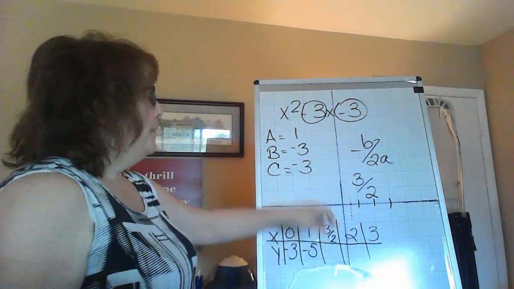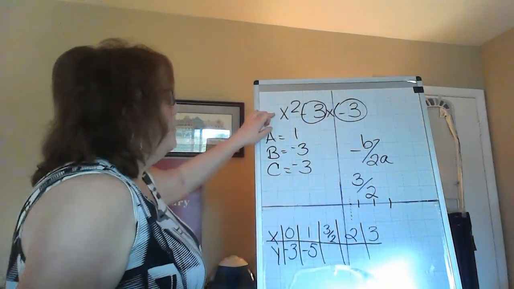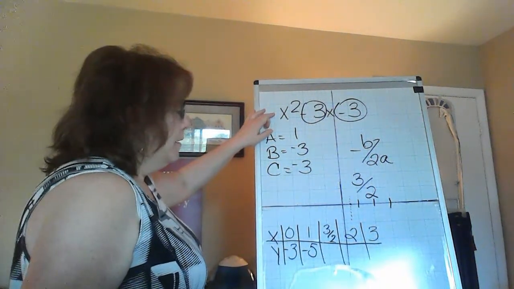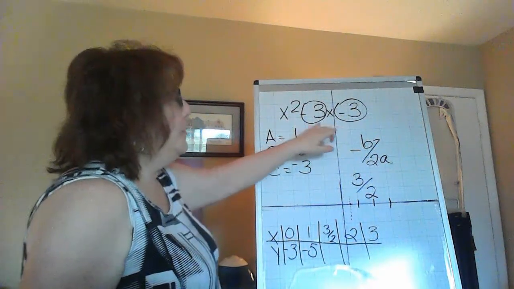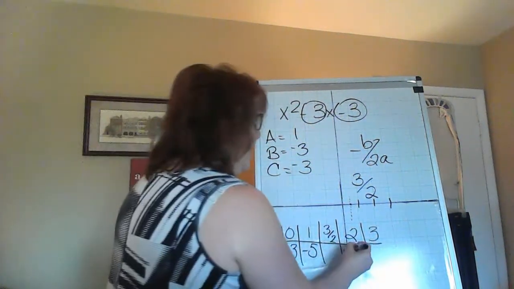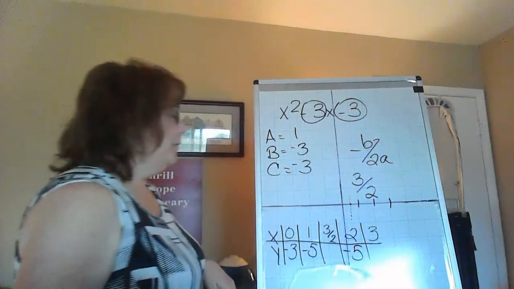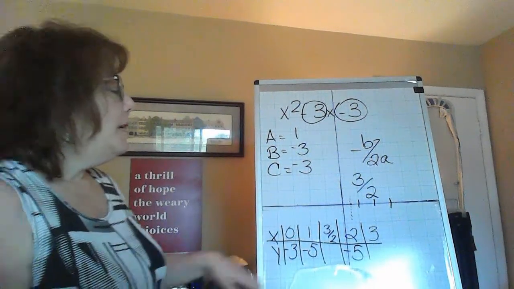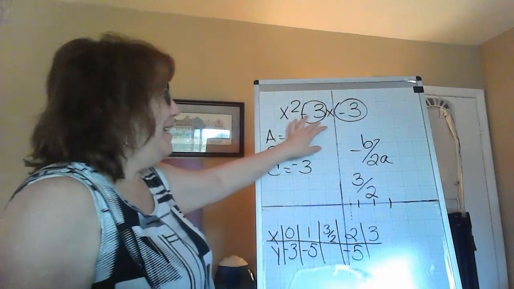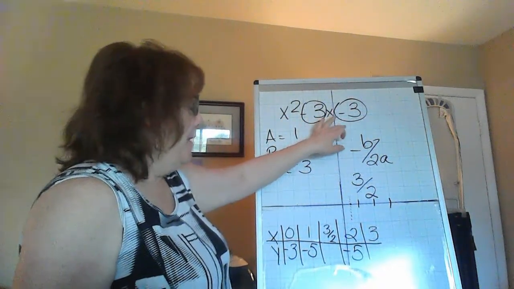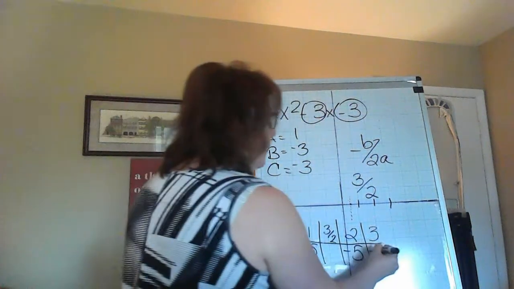For 2, I'm going to skip this for right now. 2 is going to be 4 minus 6, and that's going to be negative 2 minus 3. There's our negative 5. So we're starting to see the mirror images. And then we put 3 in. So I'm going to have 9 minus 9, and that's going to leave me with the negative 3.